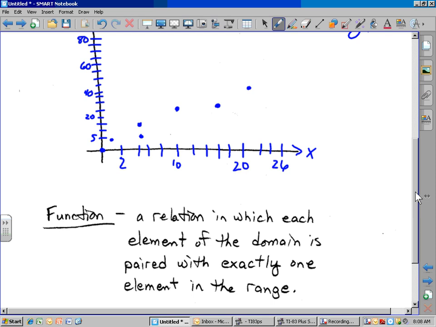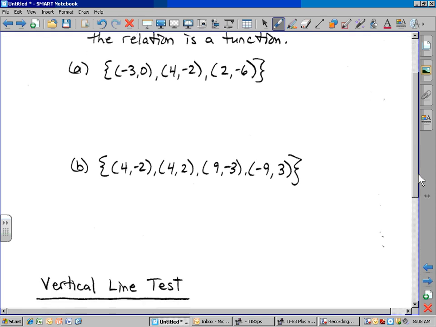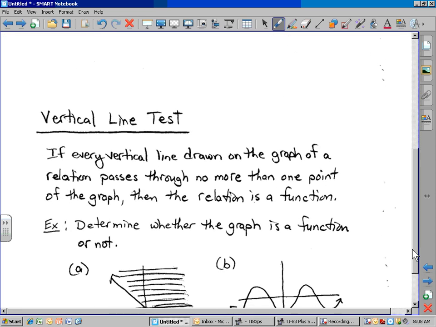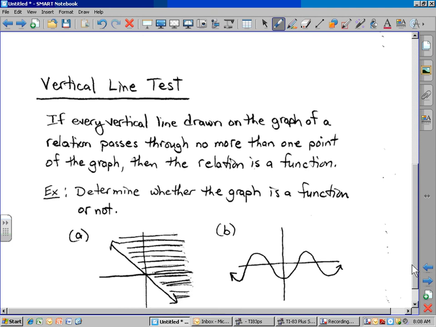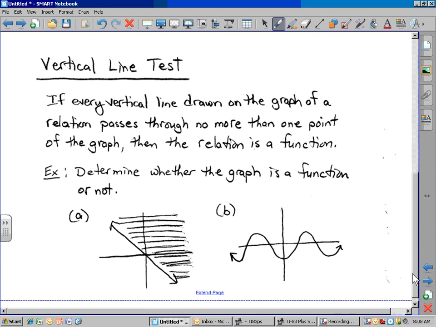Another way we can look at that is a vertical line test.